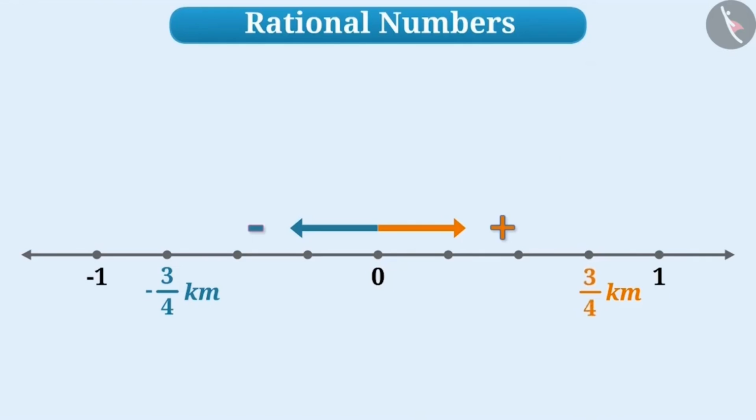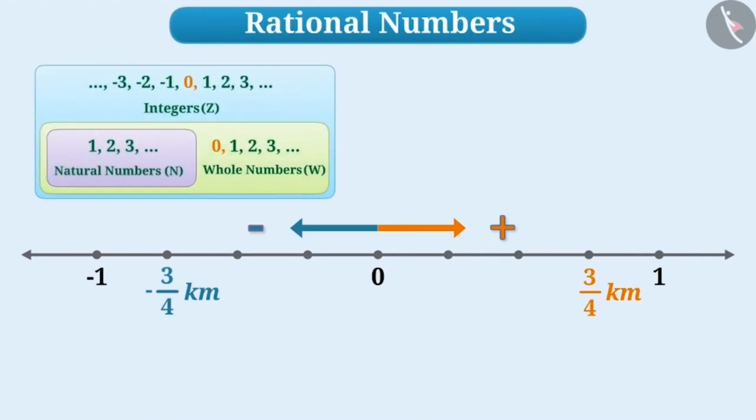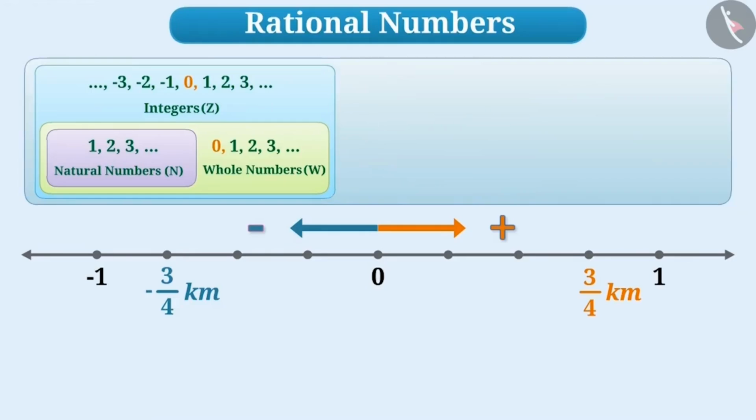Can we place 3/4 or -3/4 in the group of natural numbers, whole numbers, or integers? No, we cannot place them. Since these groups have no place for this type of numbers, it becomes necessary to form a larger group of numbers, which we know by the name rational numbers.